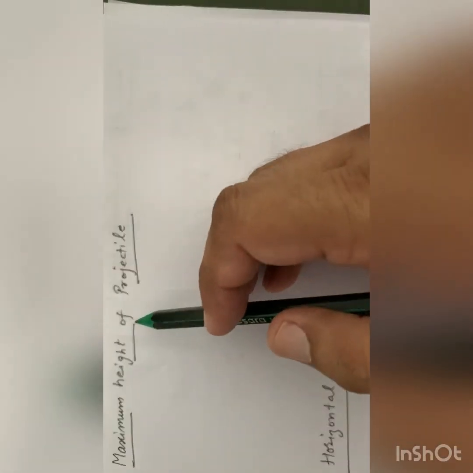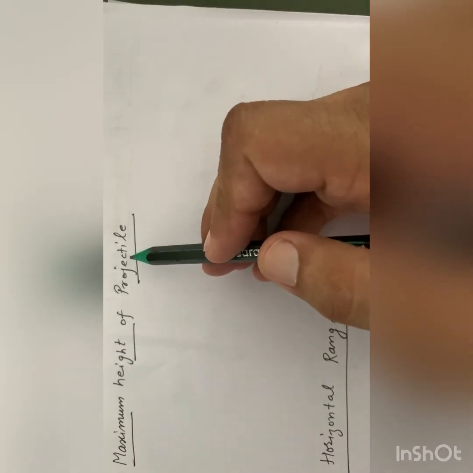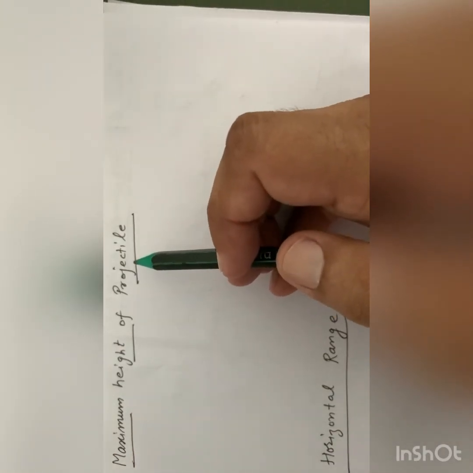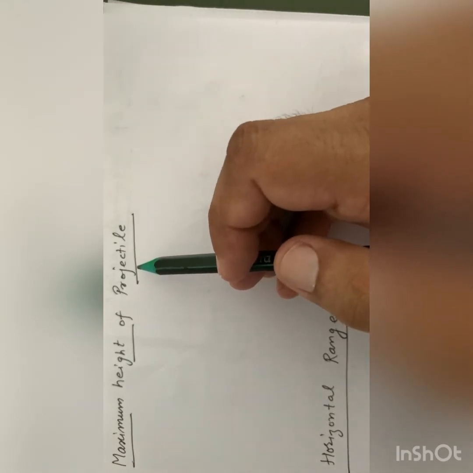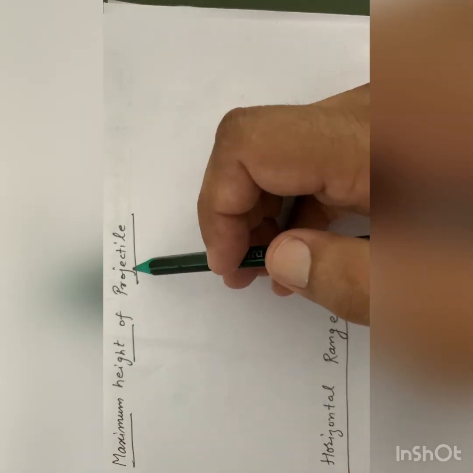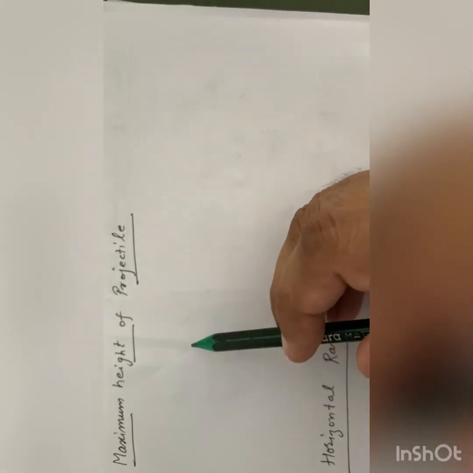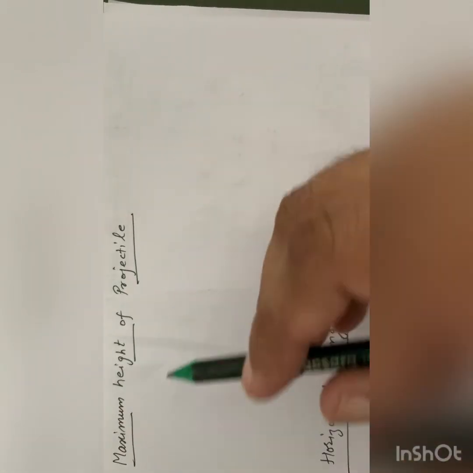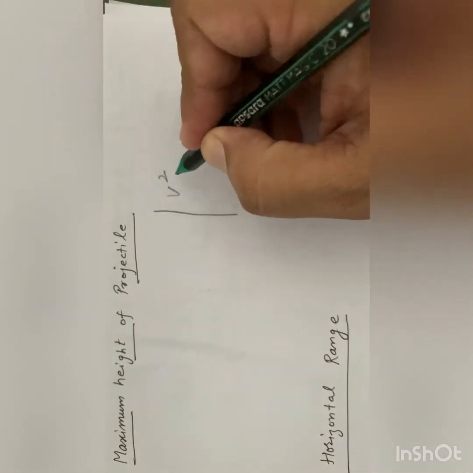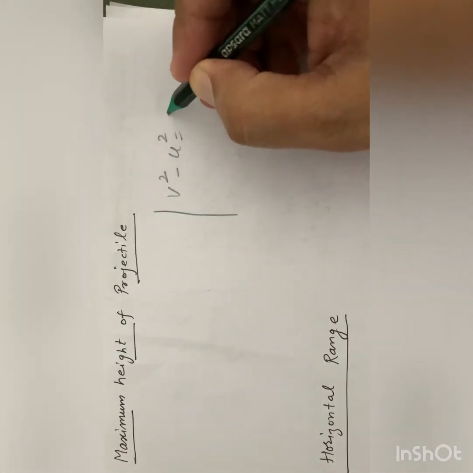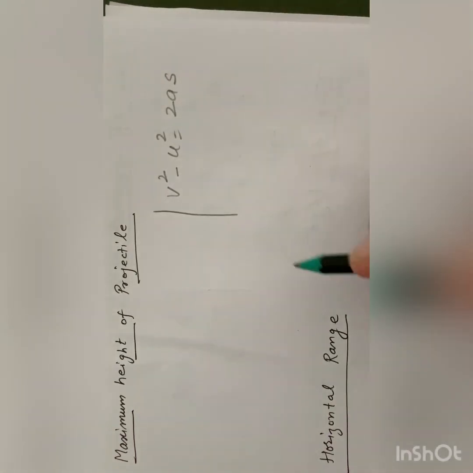Maximum height of projectile. It is the maximum vertical distance attained by the projectile above the horizontal plane of projection. At the highest point, the vertical component of velocity is 0. We know that v square minus u square equals 2as.